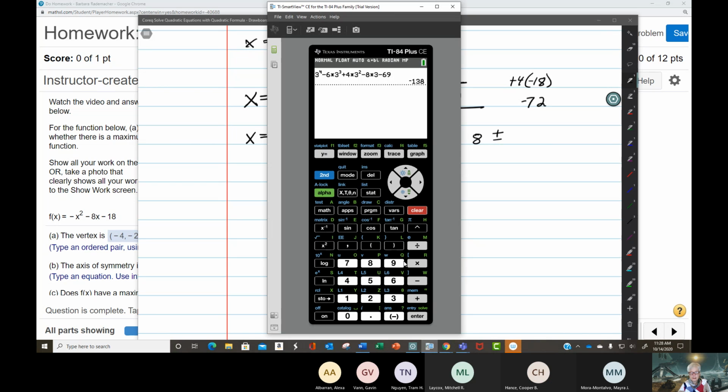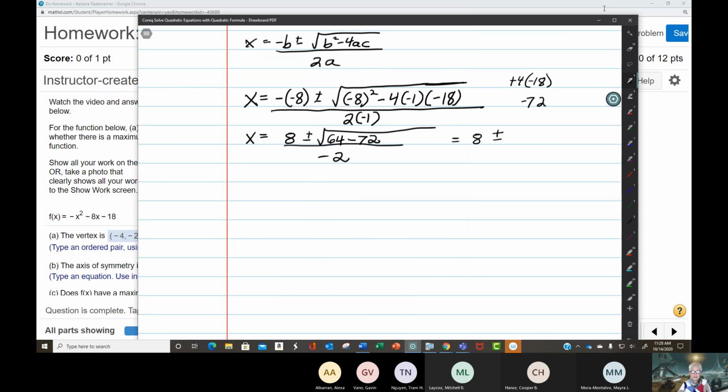That's what you think to yourself. 64 minus 72 is negative 8. Make sure I'm right on that, people. Yes, I am. Okay. Over negative 2.